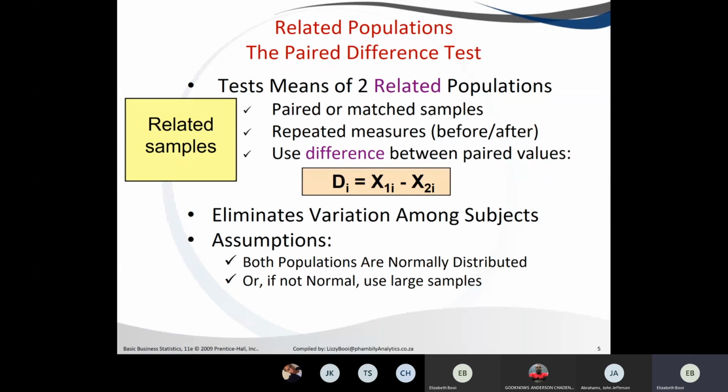Like with any other inferential statistics, you always have to make sure that your assumptions are met. For this, the assumption is that both populations need to be normally distributed. And if they are not normally distributed, then the sample size that you select needs to be large, meaning n should be greater than 30.